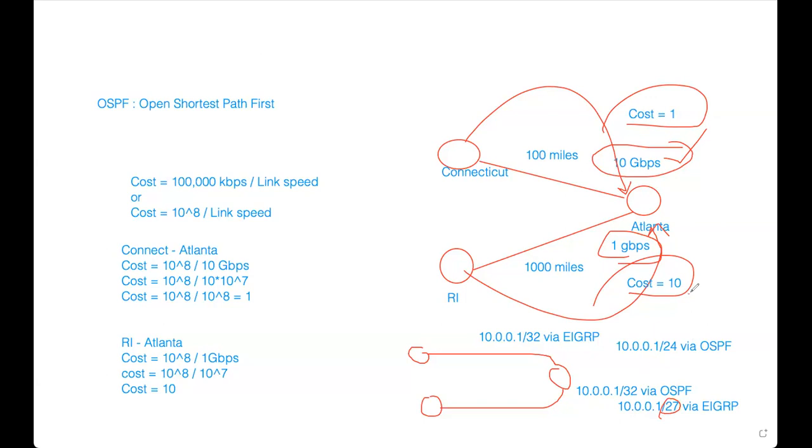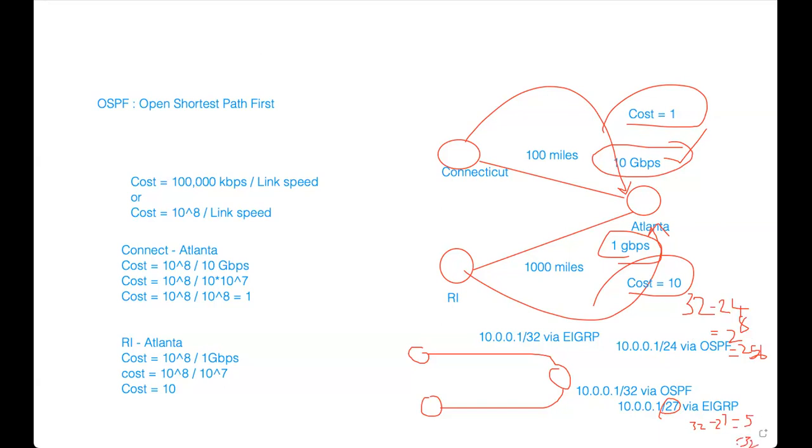Remember the formula: 32 minus 24 makes it 2 power 8, which has 256 hosts. 32 minus 27 is equal to 5. 2 power 5 is equal to 32.